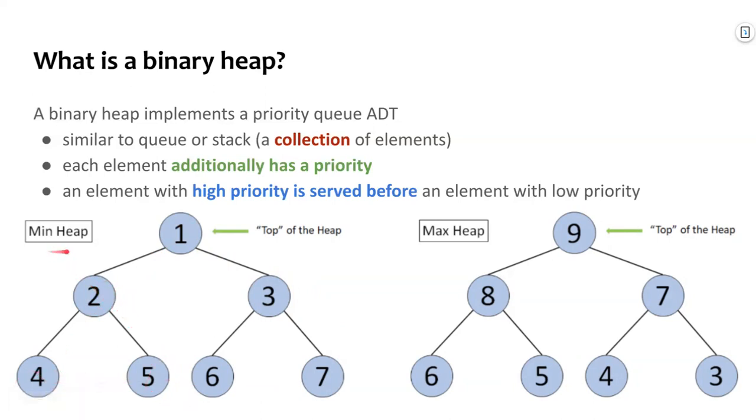So this is what we call min heap. And in the case of max heap, the order is reversed. So the value of the node is greater than the values of its children. So 9 is greater than 8 and 7. So it's quite easy to understand with pictures.